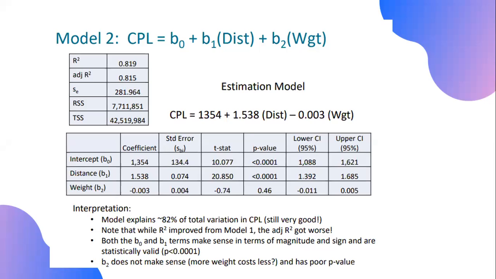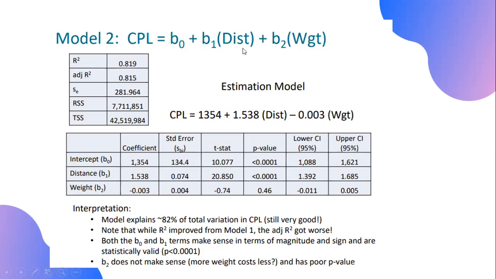And we saw that the p-values for the intercept and the distance were still very low, but the p-value for weight was high, which is not a good situation. So this model is not necessarily better than the previous one. Comparing 1 and 2, 1 is definitely better.